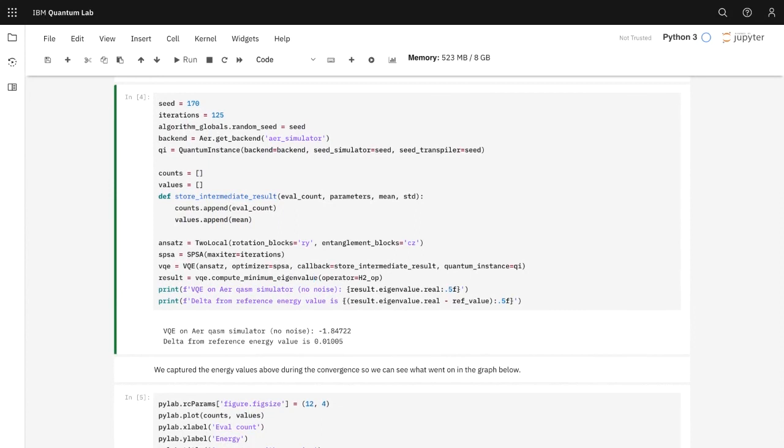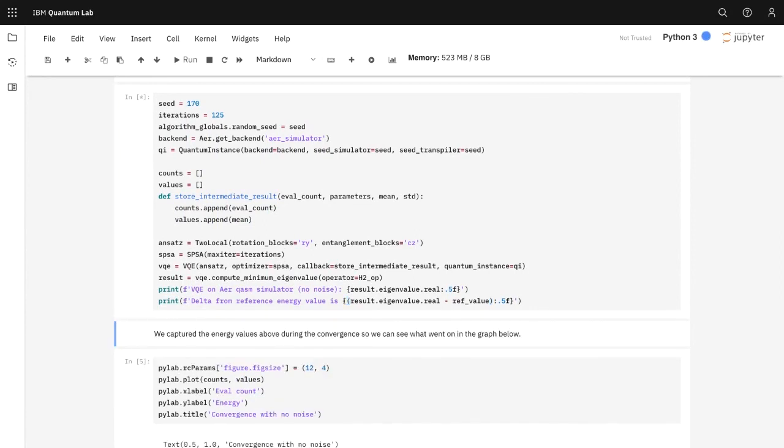And in the end, it is going to print us the error on the QASM simulator or Aer simulator and the difference from the reference value.